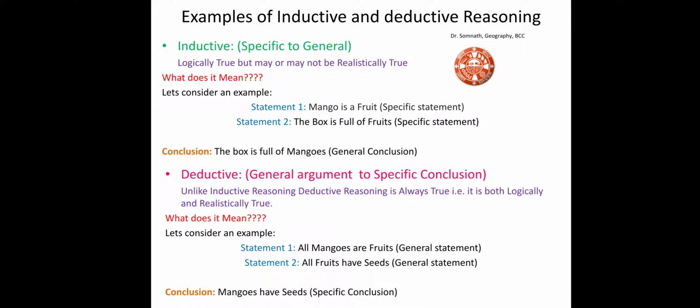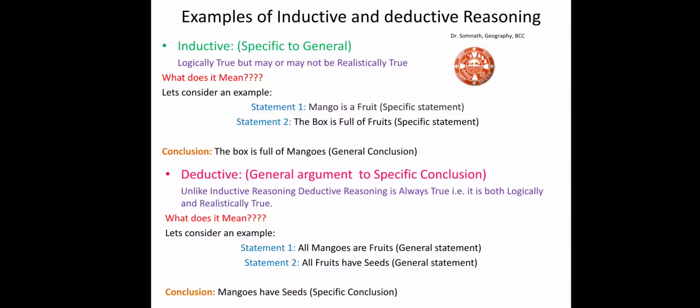Now, on the basis of these two statements, someone can draw a conclusion. The conclusion is the box is full of mangoes, because we have seen that mango is a fruit in a box, and so we have thought that the box is full of mangoes. That is the general conclusion.